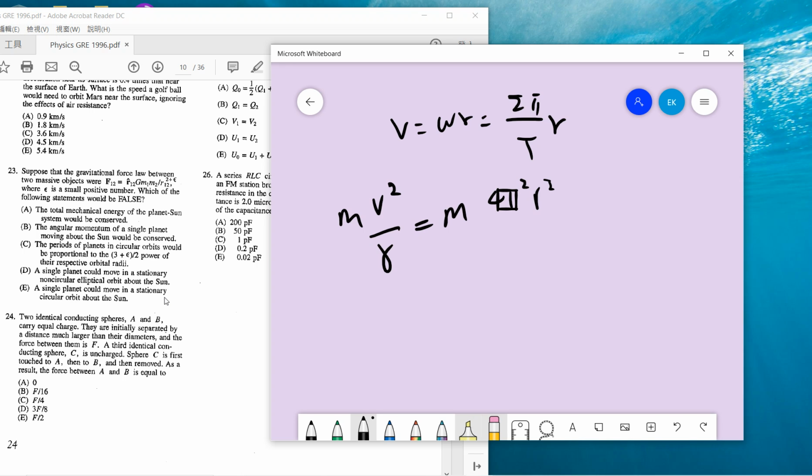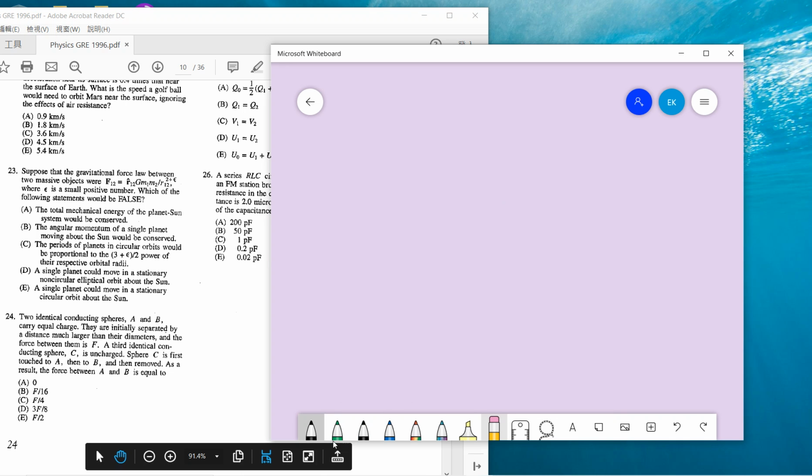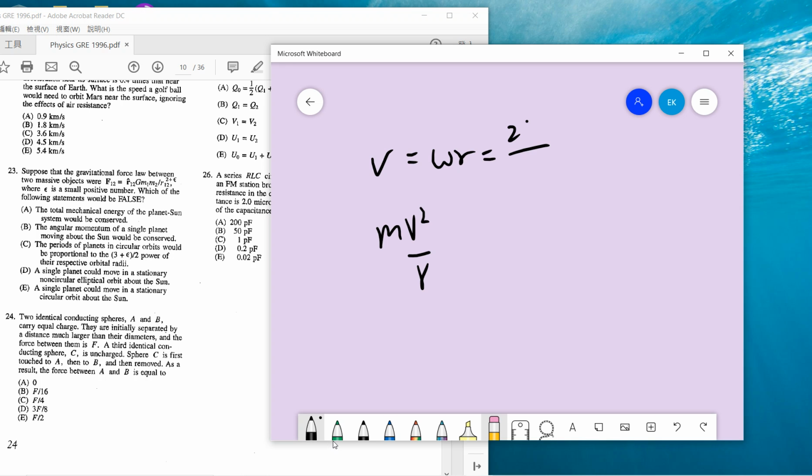So we have mv squared over r. So v is omega r. Basically omega is 2 pi over T, times r.